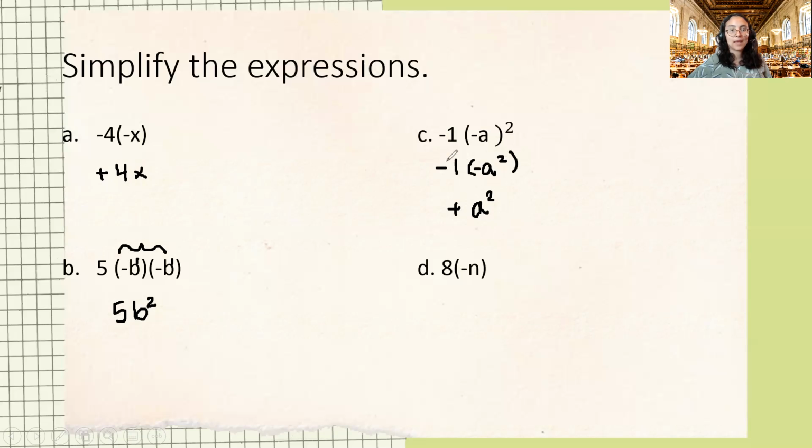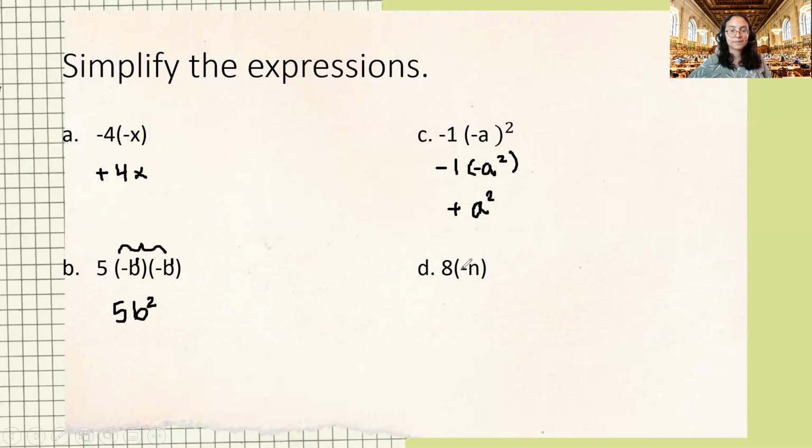Okay. And here we can use that negative 1 property, since I'm multiplying a negative 1 times a number, and this number just happens to be a variable, and it's negative as well. So since I'm multiplying by a negative 1, then our answer is going to be the opposite of whatever this is, and this is negative a squared multiplied by negative 1. The opposite of this will be positive a squared.